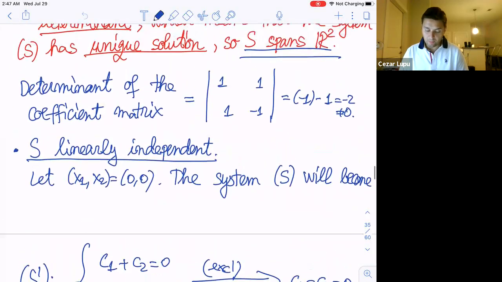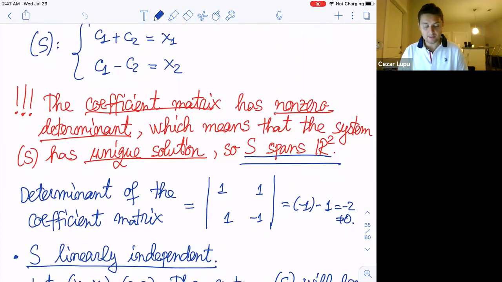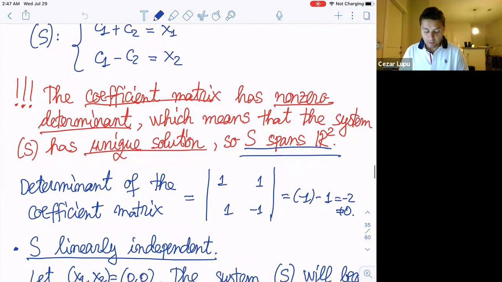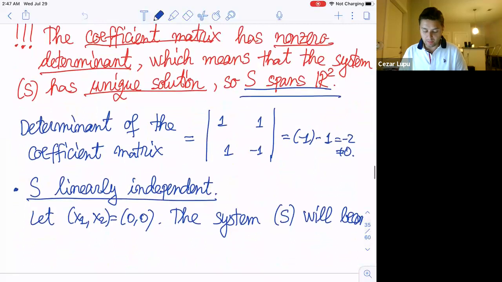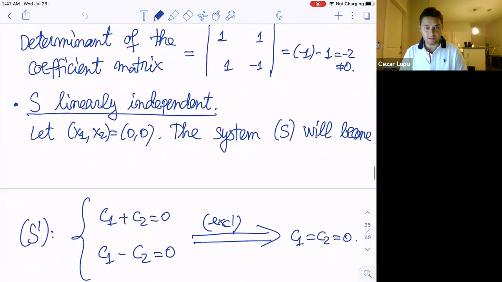So we have the system S, c1 plus c2 equals x1, and the second equation is c1 minus c2 equals x2. This time I'll consider x1 and x2 to be 0, 0. So the system will become a 2 by 2 homogeneous system.